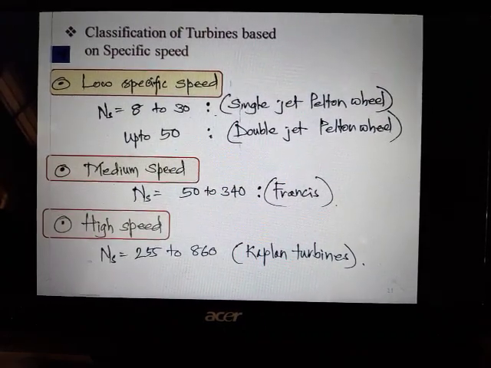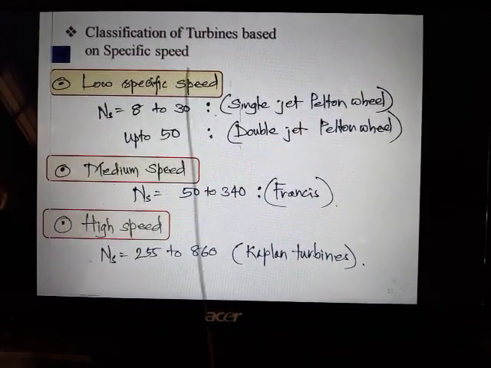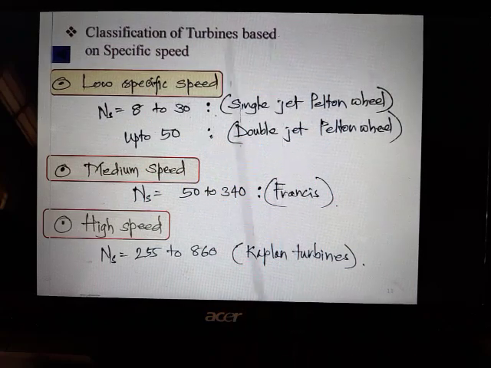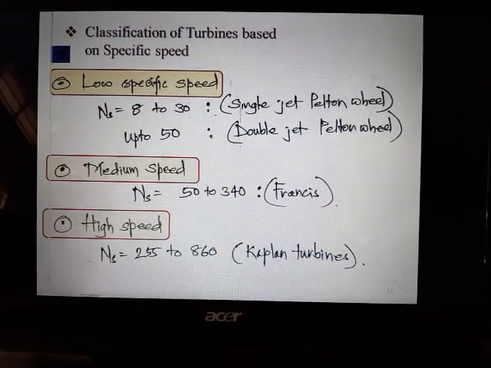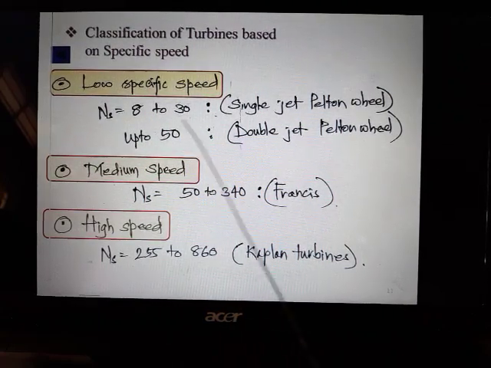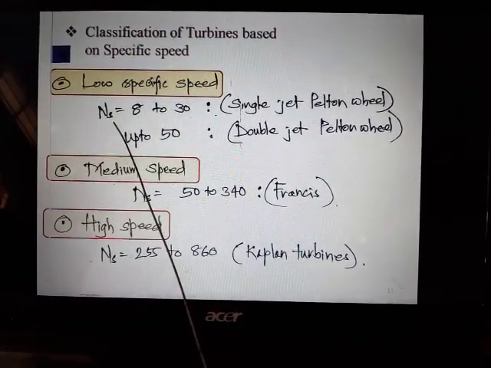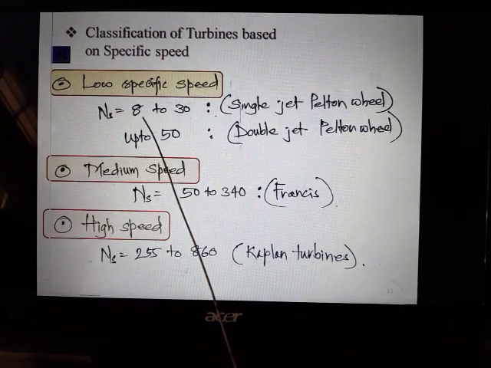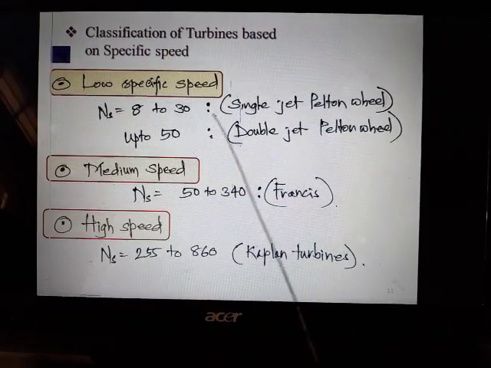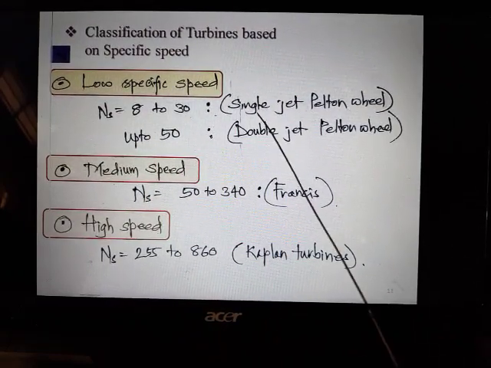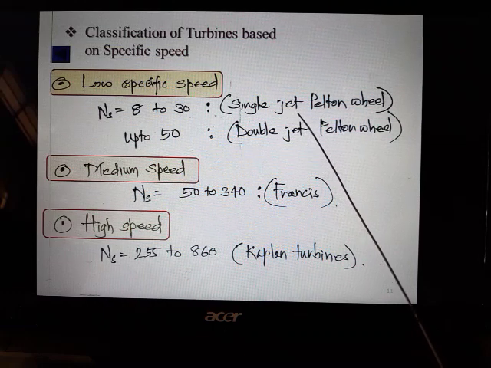Now this is another kind of classification of turbines based on specific speed. So you have low specific speed, that is NS, specific speed, in the range of 8 to 30 for a Pelton wheel having a single jet.